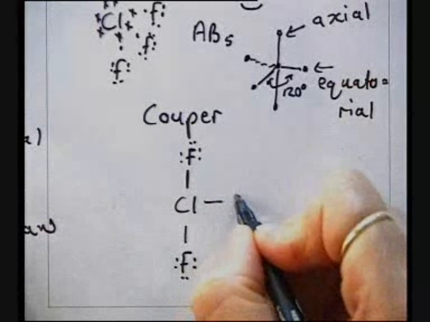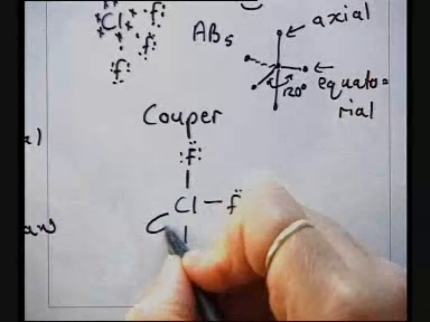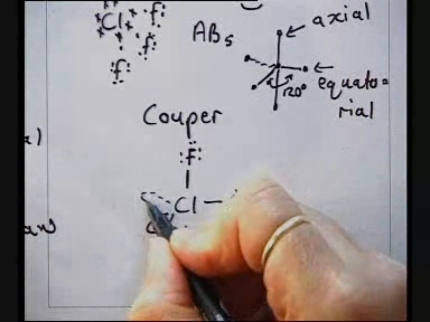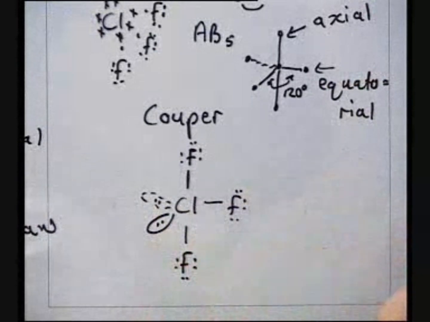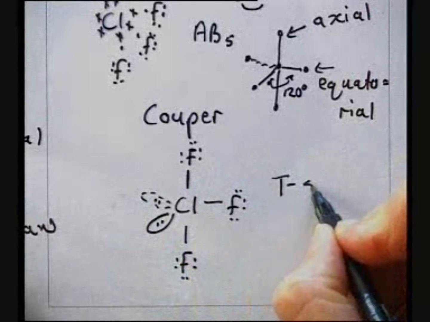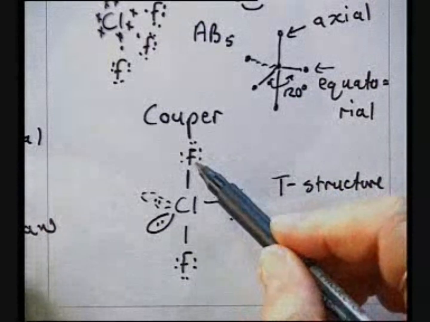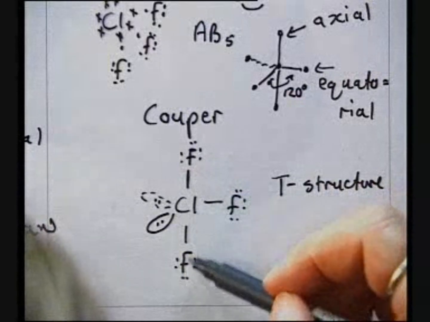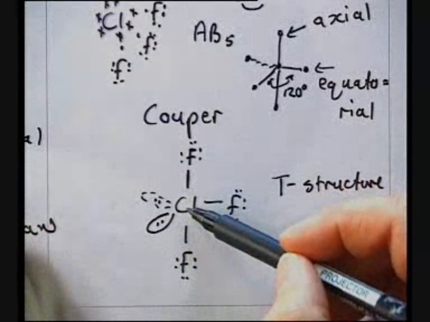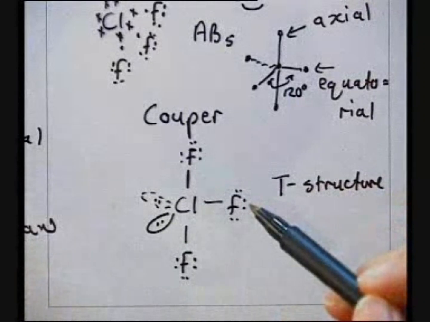The 3rd fluorine atom must be placed then equatorial. Lone pairs are always found in the equatorial position. This is called the so-called T structure, where we look at the positions of atomic nuclei in 3-dimensional space. Fluorine axial, chlorine central, fluorine axial, fluorine equatorial, so-called T structure.